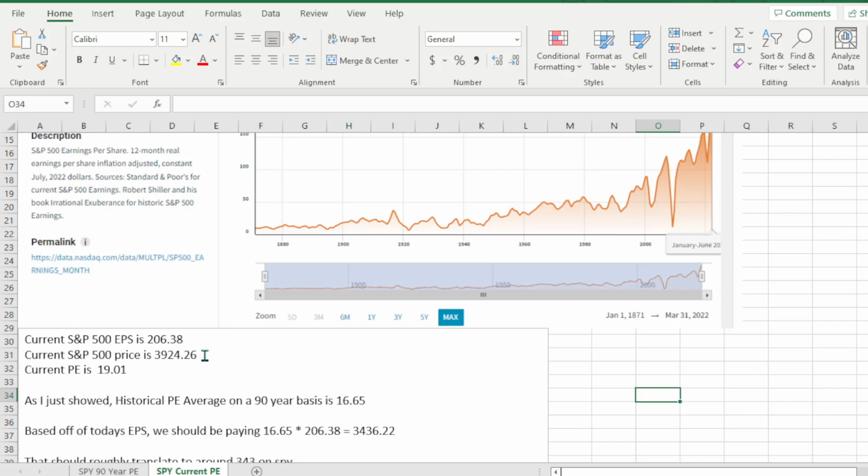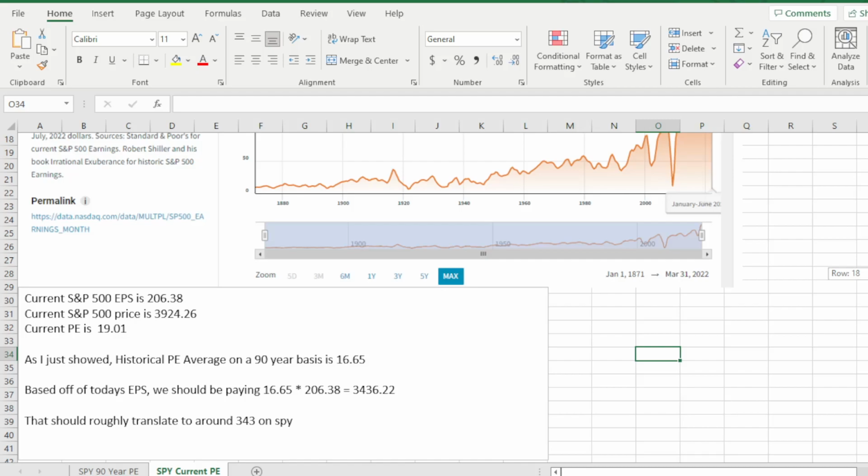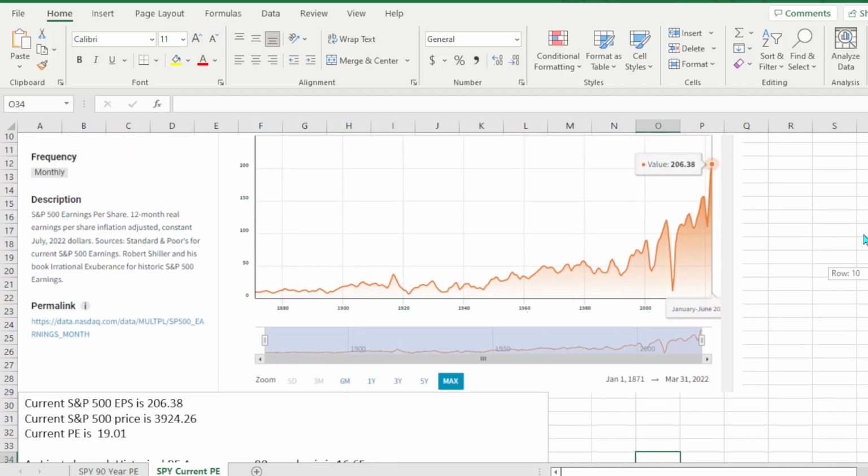So that gives me a current PE of 19.01. So based off of today's earnings per share, we should be paying about 3,436.22 for the S&P 500, which translates to around 343 on SPY.